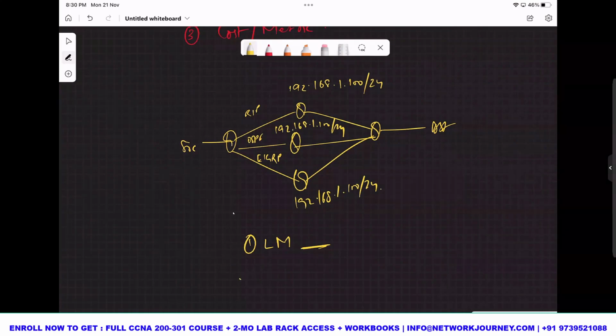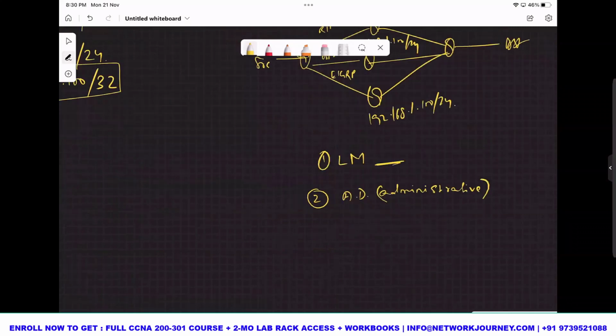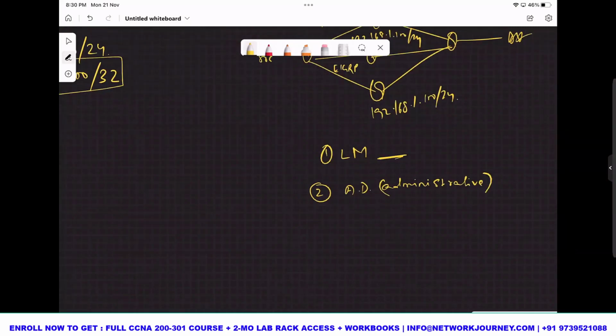So the tiebreaker is the AD value, which is called administrative distance. This you need to remember for the major protocols. What are the admin values for them? If it says connected, that means it's more reliable, more trustful, so the value is 0.